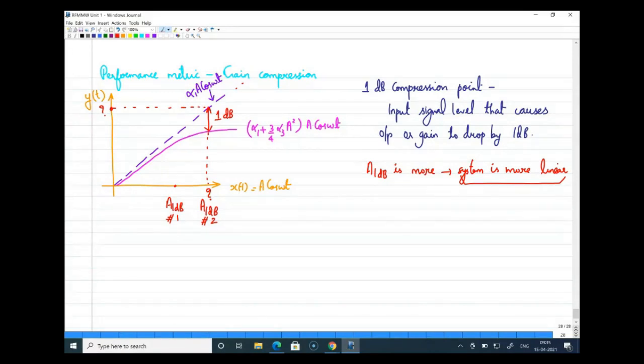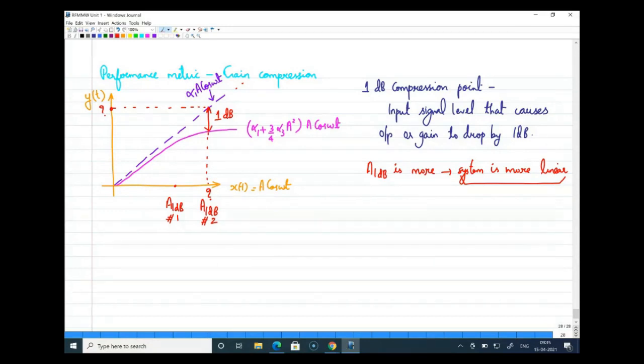In order to measure the non-linearity of any system, as we have observed that systems generally show a compressive nature, a performance metric has been brought out, and that is mentioned in terms of your input, because all these things depend on your input, right? Because only if you are increasing your input amplitude are we actually seeing all these kinds of responses. Now this 1 dB compression point is actually measured at the input side.